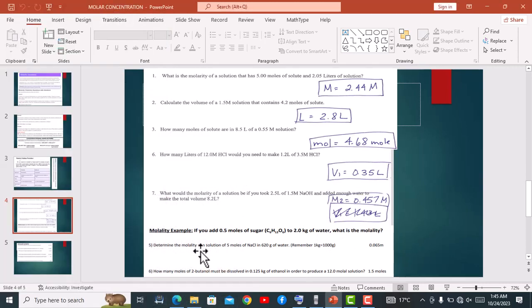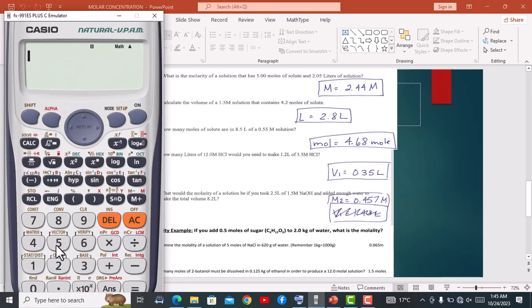Okay, that's fine. Determine the molarity of a solution of 5 moles of sodium chloride in 620 kilograms of water. And you are given a hint there, 1 kilogram equals 1000 grams. So we are just going to divide this by 1000. So what I'm going to do, I'm just going to say I'm converting this to kilograms.